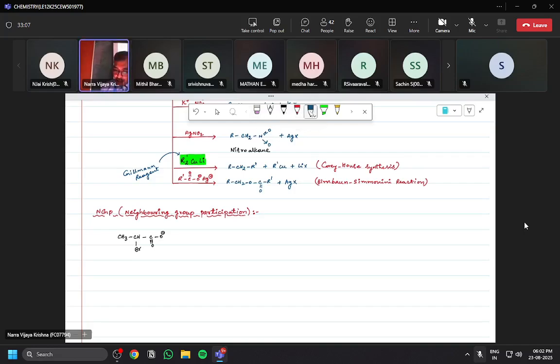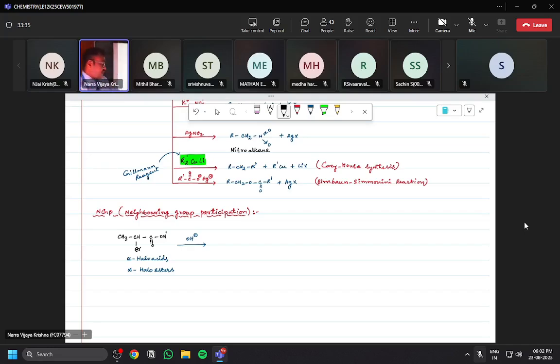alpha halo acids or alpha halo esters in presence of base. Even if I take the acid, in presence of base, what happens?